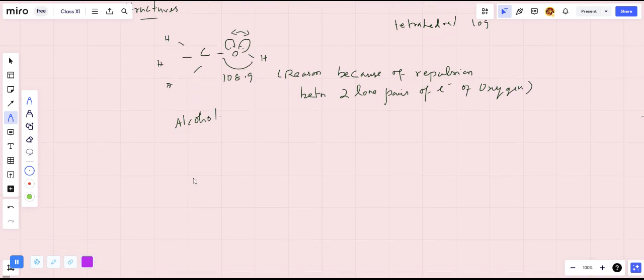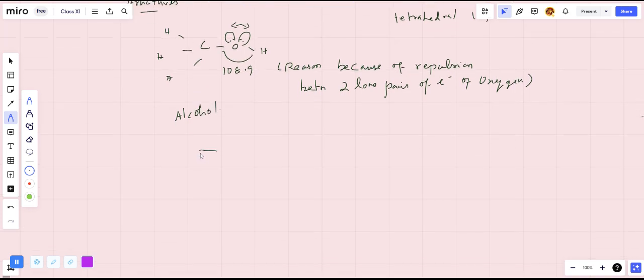If you take a phenol, this is O and H. Again the two lone pairs are there. Here this one is exactly 109 degree.